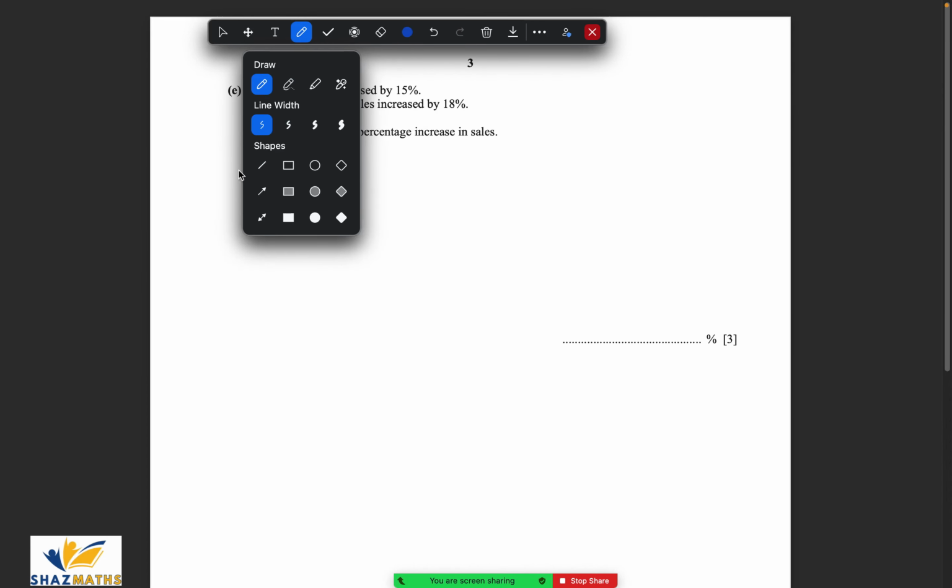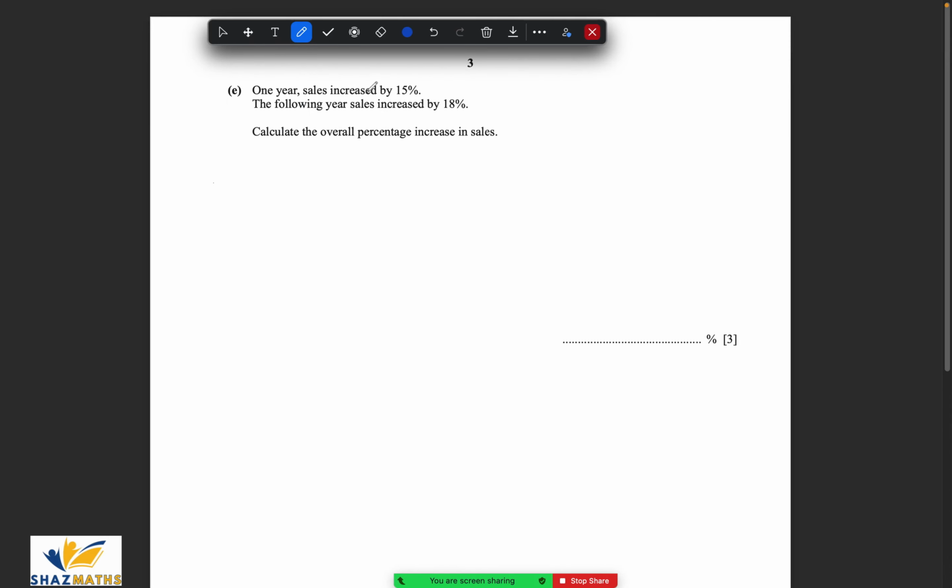So part E says 1 year sales increased by 15%. The following year sales increased by 18%. Calculate the overall percentage increase in sales. So again, the question is from percentages.